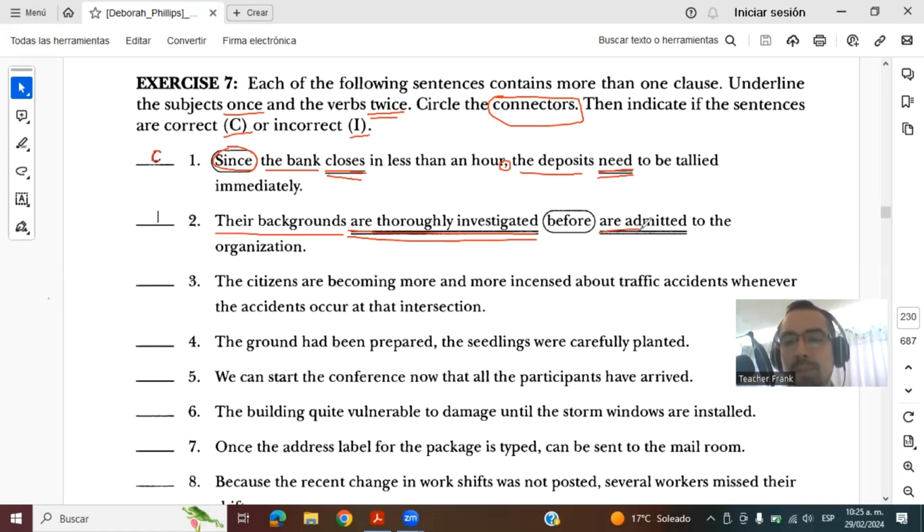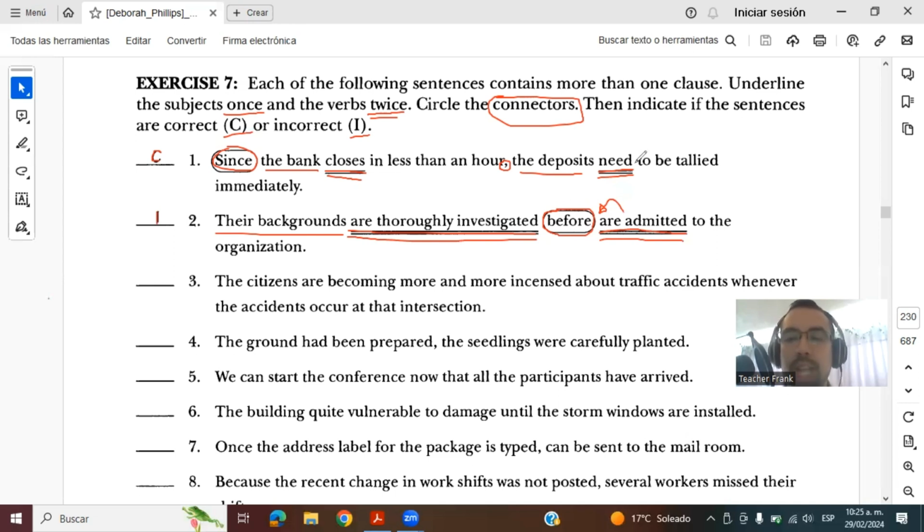Are admitted. Who or what are admitted? Oh, and here's the mistake, right? We don't have a subject. We have a connector before, but we don't know what is admitted, right? The people, the clients. Yeah, we have a missing subject, so it's incorrect.